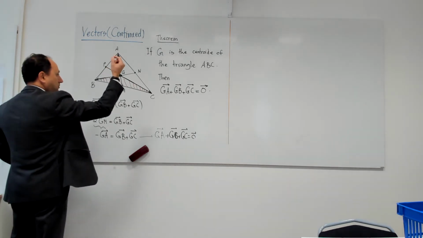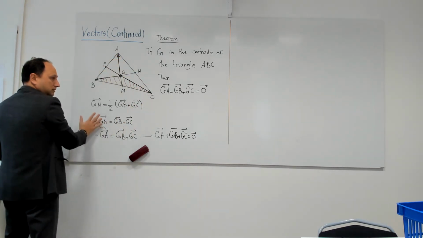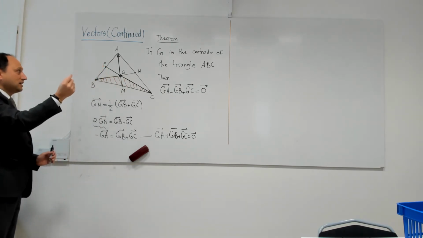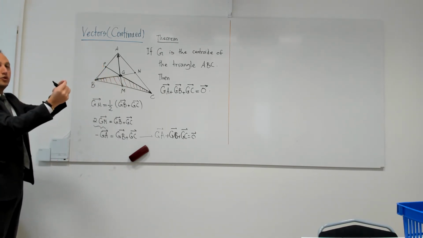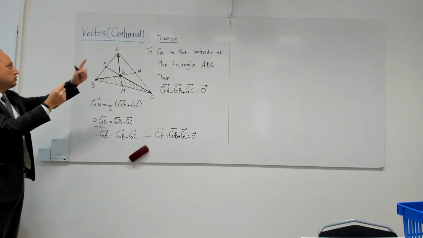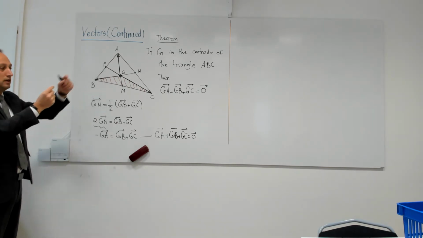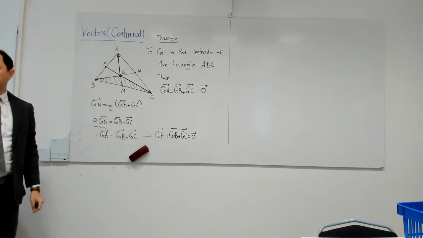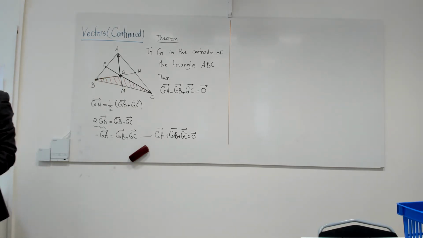I can take another point, either on the plane, it works, or even outside. Let us call this point O. I connect O to A, B, C, and G, making vectors OA, OB, OC, OG. I have four vectors, and there is a very nice and beautiful relation between them. Can you have a guess?